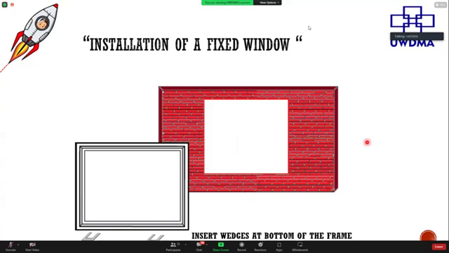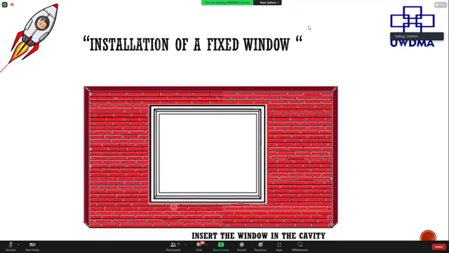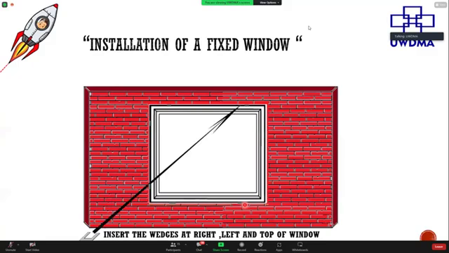Then the next step is to put the U packers. If you remember, U packers are the packers we are using to maintain the gap between the wall and your frame, as well as for aligning your window or door or your frame. So now your window is there. As you can see, here are two packers, and the number of packers and the fasteners will of course depend on the size of your window. Then you insert all your packers.